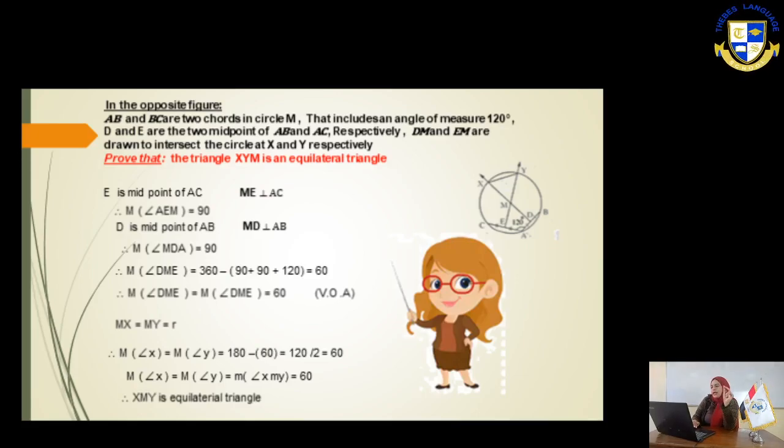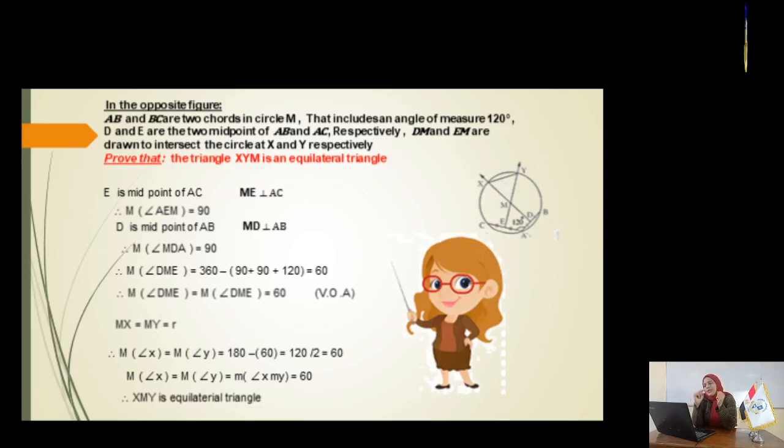Now it's so easy to calculate the measure of angle DME. 360 minus 90 plus 90 plus 120 equals 60 degrees. Then we will move to the other triangle by the vertically opposite angles. We have the measure of angle DME equals the measure of angle YMX equals 60 degrees.